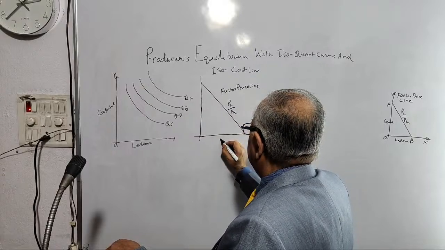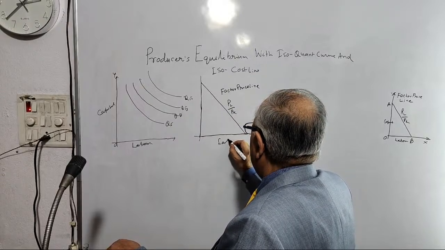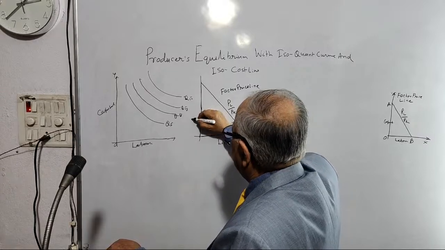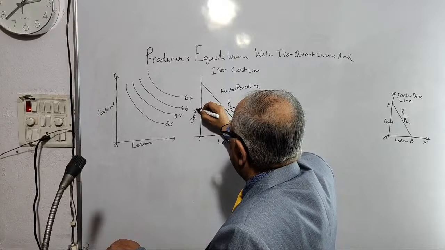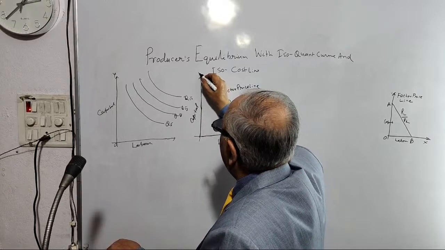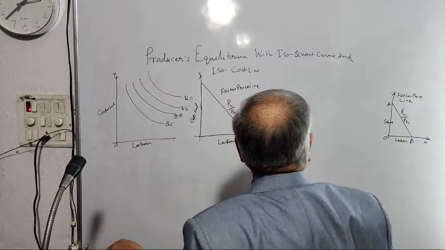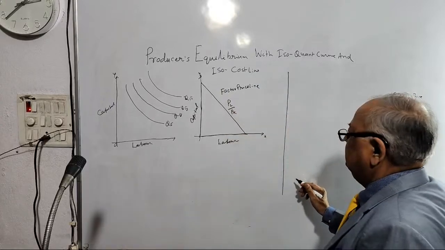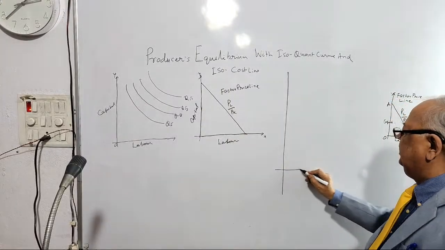This is labor and this is capital. And how can we get the equilibrium? Look here, we are reaching the final point.